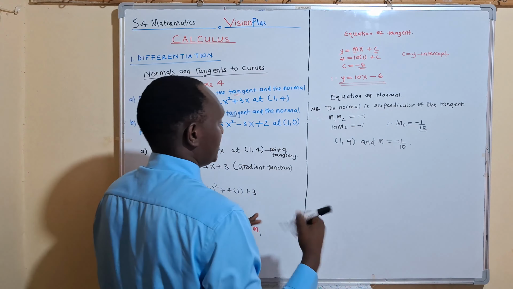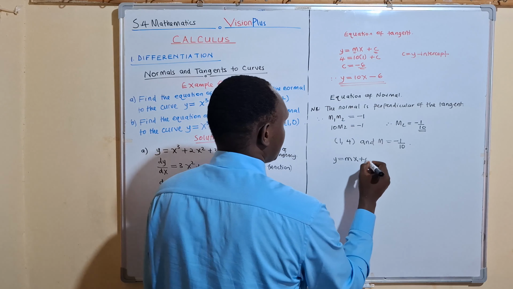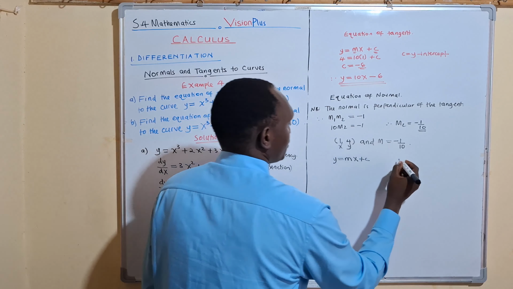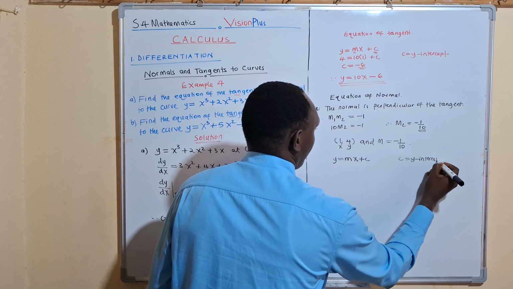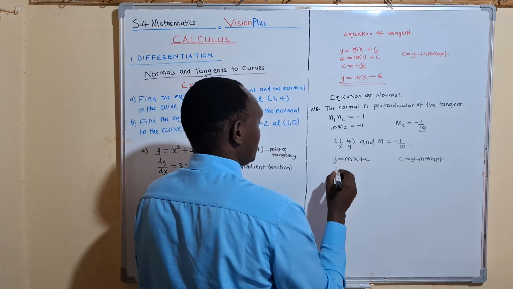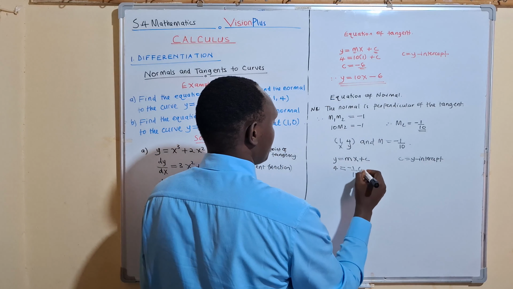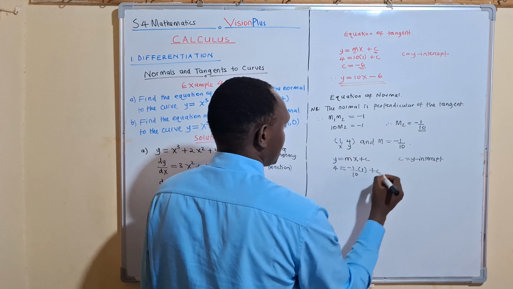The normal is a line. Therefore, y equals mx plus c. That is the equation of the line. This is x, this is y, this is m. So we can find c, where c is the y-intercept. From here, we say 4 equals m, negative 1 out of 10, times x, which is 1, plus c.